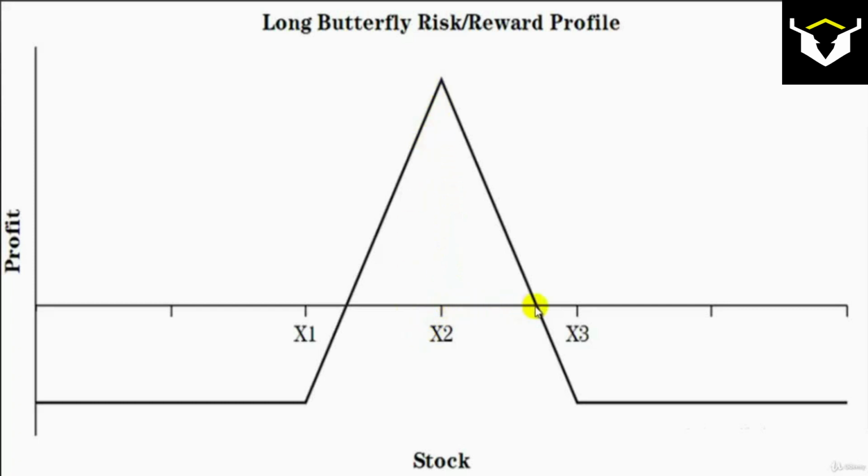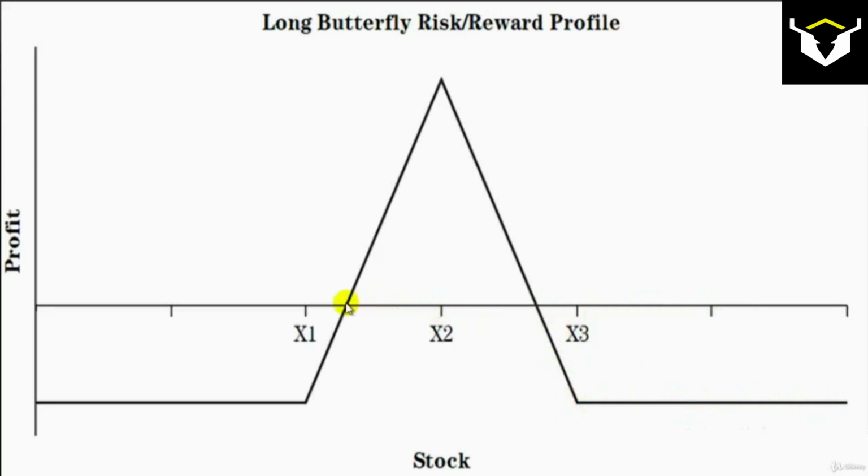If prices were to move beyond your strike price, you can see you will start generating loss, but beyond this strike price, the loss will max out, and you won't generate any more loss.